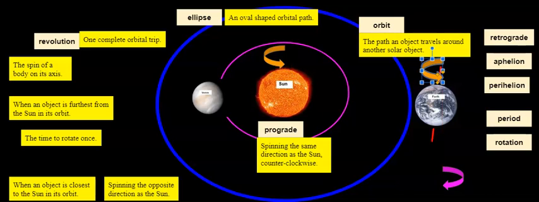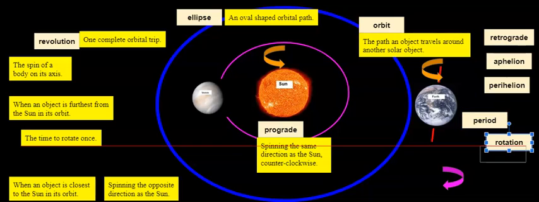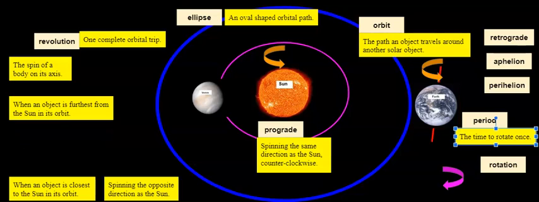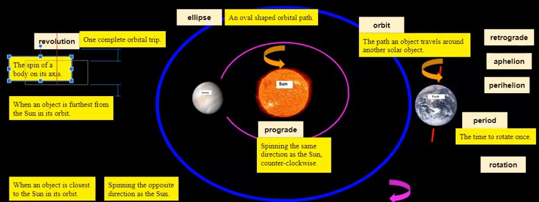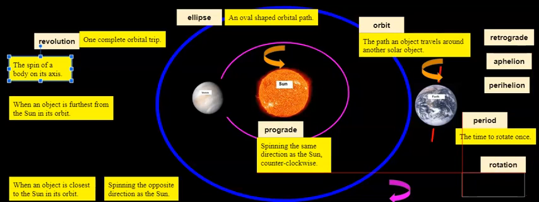And one complete spin around the axis is the period. So let's move the time to rotate once over here with period. And we've also talked about rotation. Rotation is the spin of a body on its axis. We can move this over here with rotation.